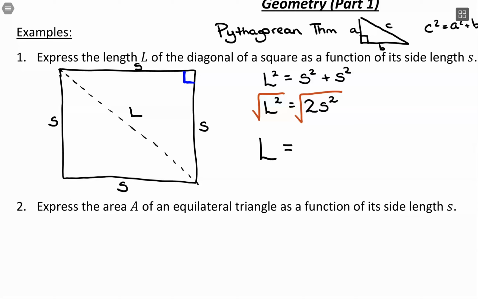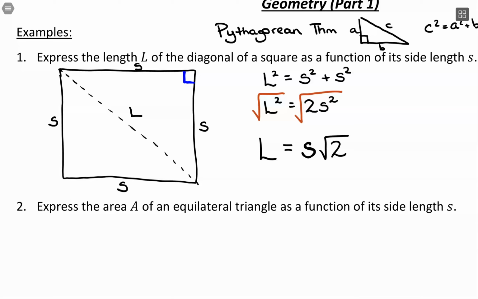In this case, having a negative length doesn't work, so only in these cases, we'll skip the plus or minus and just use the positive. Now, the square root of 2 will be stuck, but we can take the square root of S squared, and that would give us S. So we can take S out of the square root, but we'll still have a square root of 2 stuck in there.